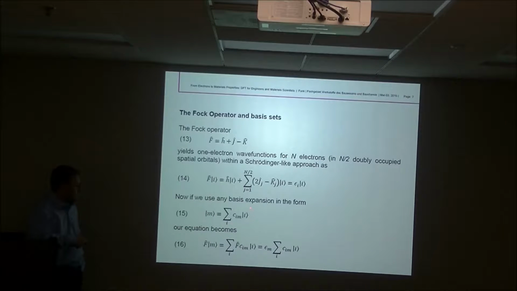Then we can expand this basis and obtain with the expansion coefficients an eigenfunction to our system. Right? With this, our equation looks like this here. F C equals epsilon C times whatever.